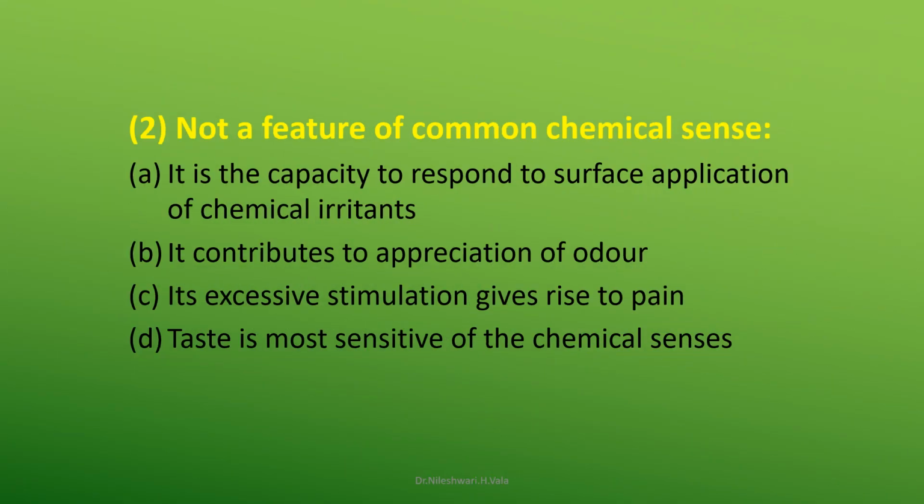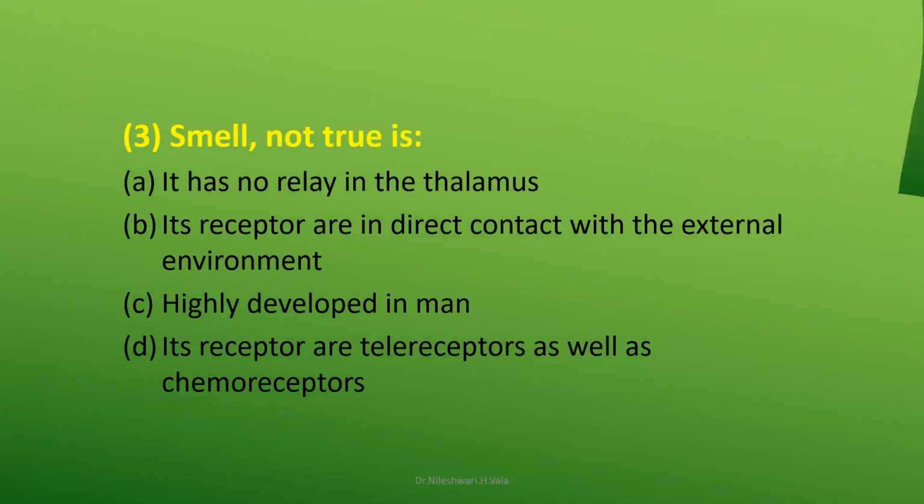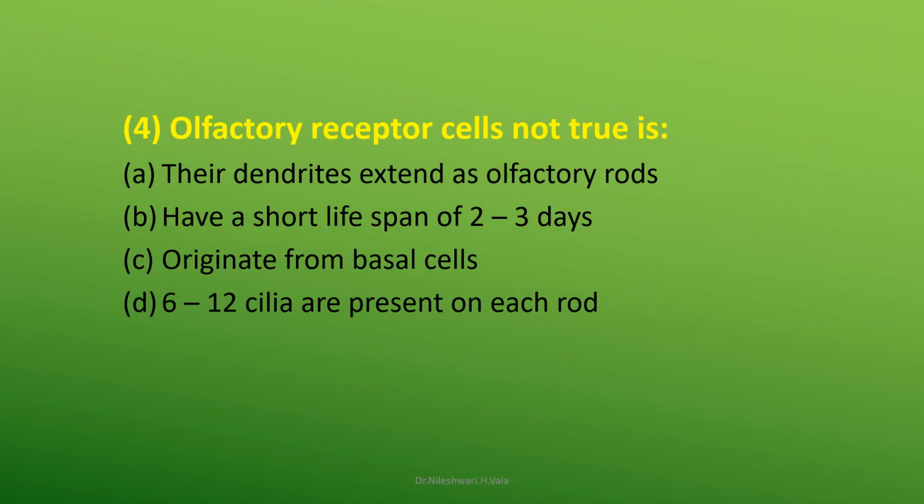Second question, which is not a feature of common chemical sense. Third question, which statement about smell is not true. Fourth, which statement about olfactory receptor cells is not true.